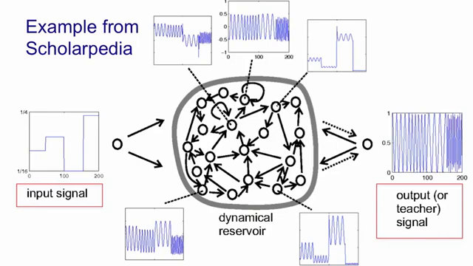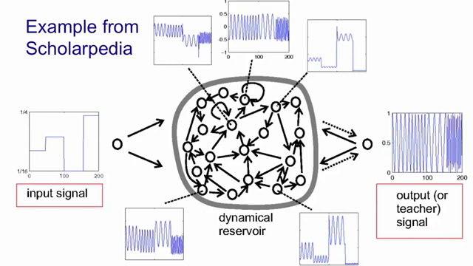And the stuff in the middle is a big dynamical reservoir, so that the inputs coming from the input signal drive those loosely coupled oscillators and cause complicated dynamics that goes on for a long time. And those output weights are learning to map that complicated dynamics to the particular dynamics you want for the output. All the other pictures are showing you the actual dynamics of individual units inside the dynamical reservoir.